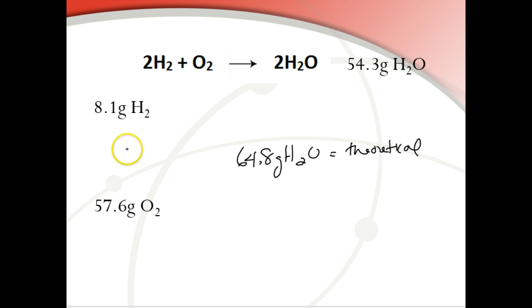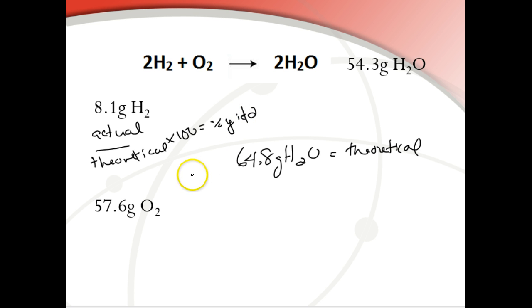the percent yield is just a measure of how close we get to that theoretical yield. So you'll see it a lot of times as actual over theoretical times 100. Now, what we mean by actual is what we actually get in the lab, what we obtain in the experiment.